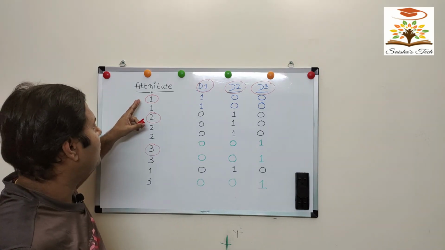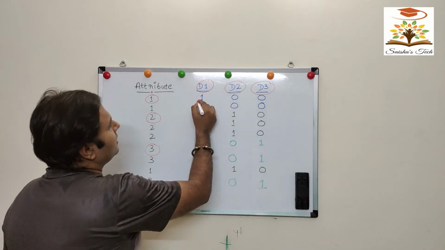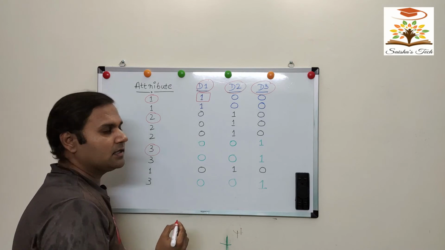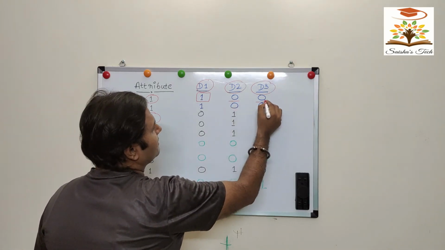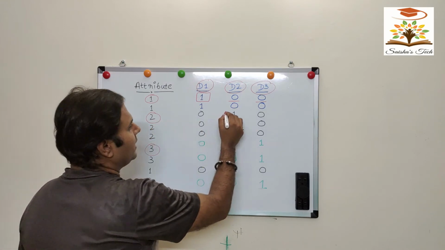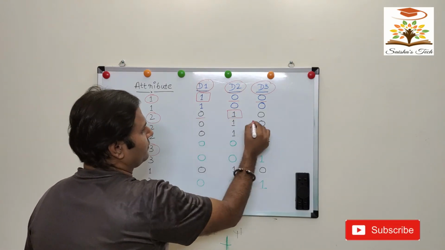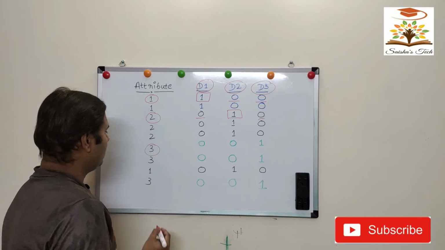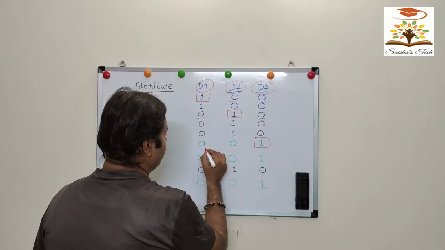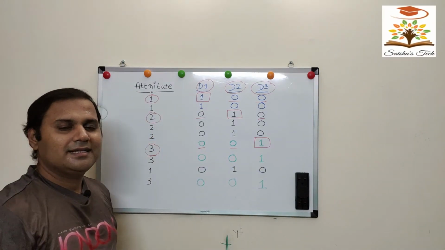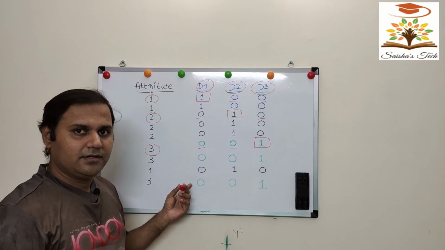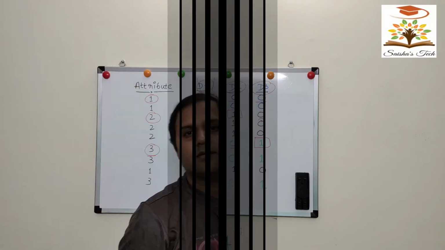Whenever we observe a value as 1, we keep the respective variable number as 1, keeping the rest of them as 0. Similarly, when the value is 2, we keep D2 as 1 and the rest of them as 0. In 3, we keep D3 as 1, the rest of them as 0. This is how dummy variables are created from categorical attribute.